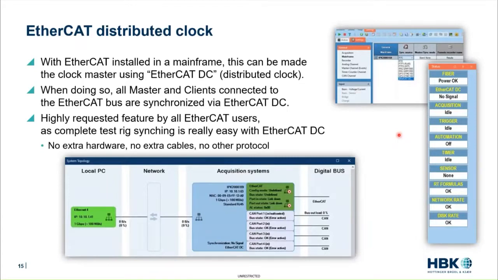For people that have multiple systems using EtherCAT, a system can support distributed clock. You don't need any extra hardware, no extra cables, no other synchronization. You can just use that EtherCAT as your synchronization source. So we had requests from users to add that, and we did.